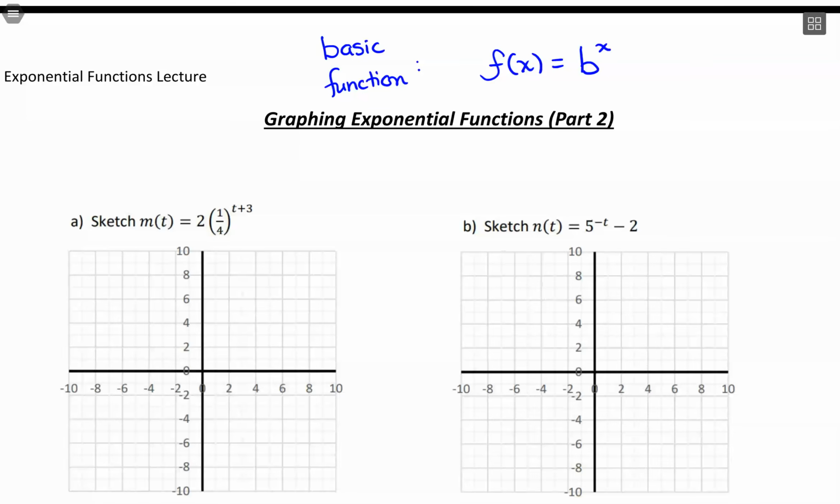Then anything else happening outside of that is a transformation. So what we're going to do is first think about the graph with just the growth factor and the exponent, and then from there interpret the graph transformations.